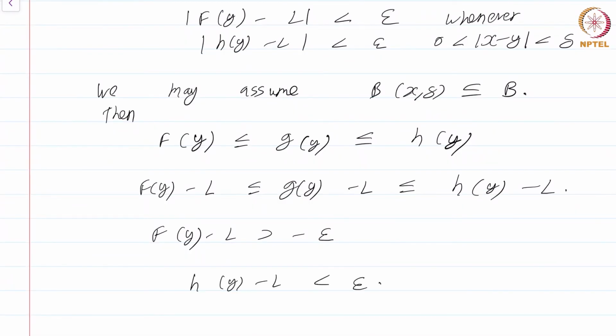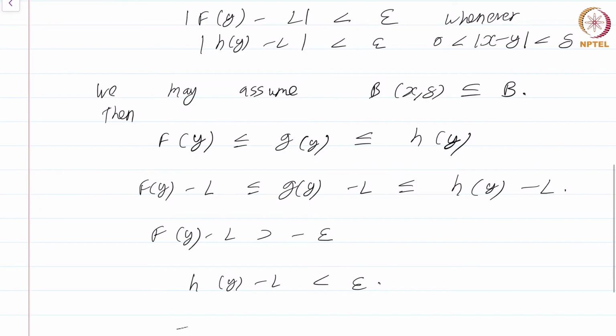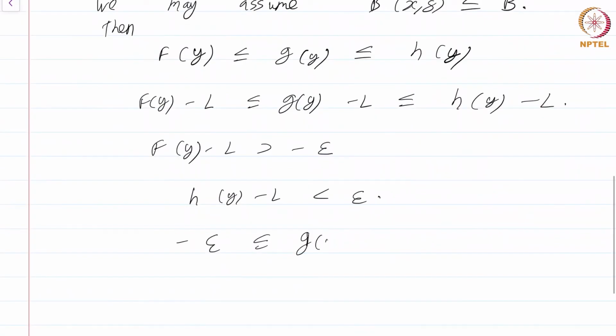This just follows from the fact that mod f of y minus L is less than epsilon and mod h of y minus L is also less than epsilon. That immediately gives minus epsilon less than or equal to g of y minus L less than or equal to epsilon, and we are done. I will not belabor the proof anymore. So this shows that the squeeze theorem is true for functional limits also.